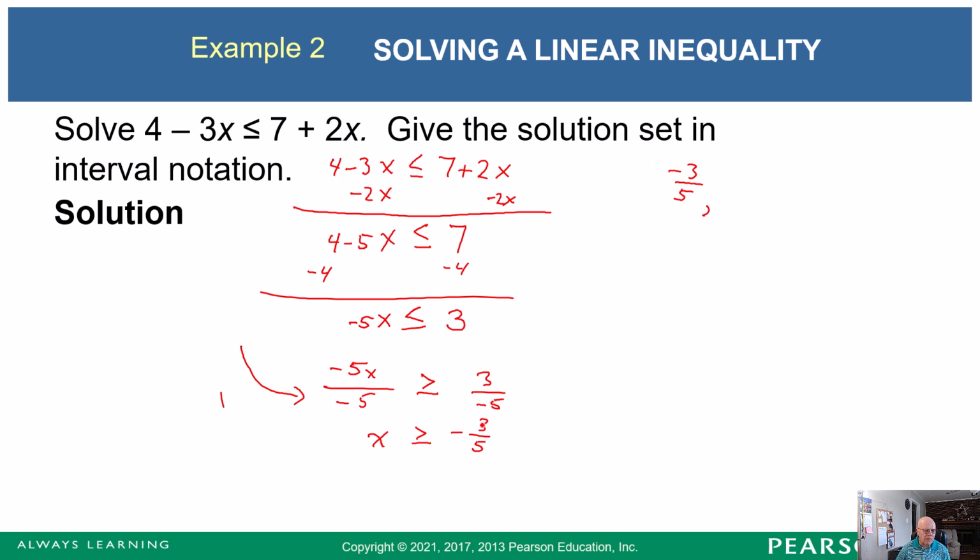Now, is the -3/5 included? Yes, there's the equals. So we'll put a bracket there because we're including -3/5. Now, there's no end, and we're going to the right, so we'll put a positive infinity there. And infinities, either way, always get parentheses because there is no end point at all.